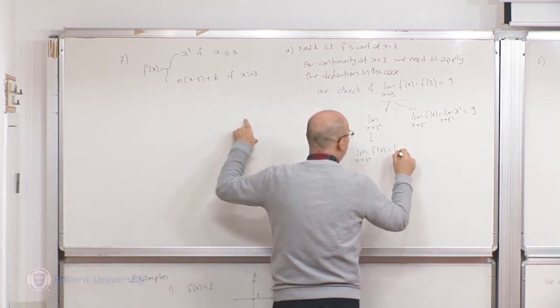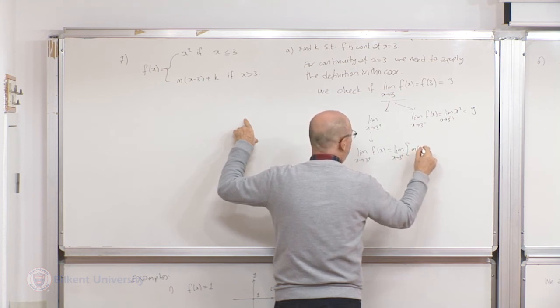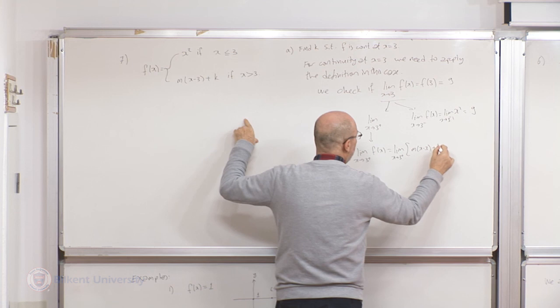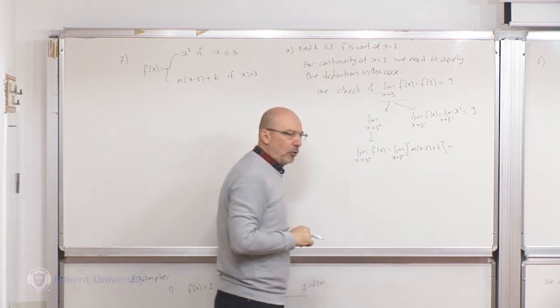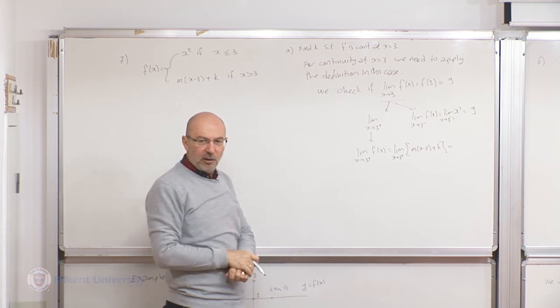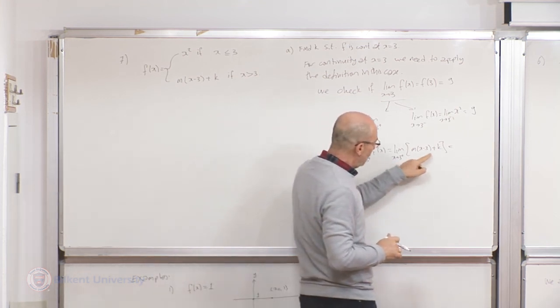So I write the limit as x goes to 3 from the right of m(x minus 3) plus k. So you see, this is now a polynomial once you put in the formula. Okay, so with polynomials, you just plug in the value to get the limit. So here, when you put x equals 3, you'll get k.